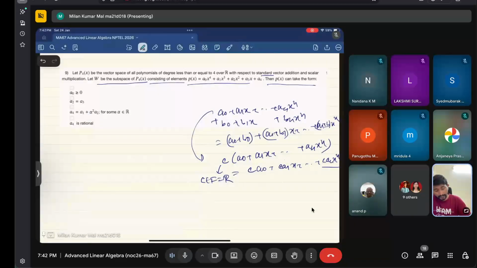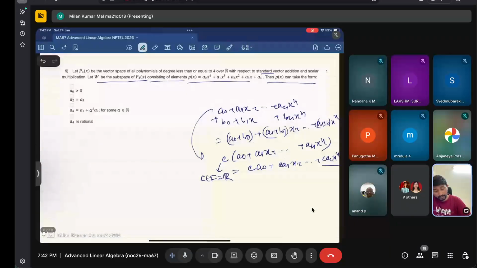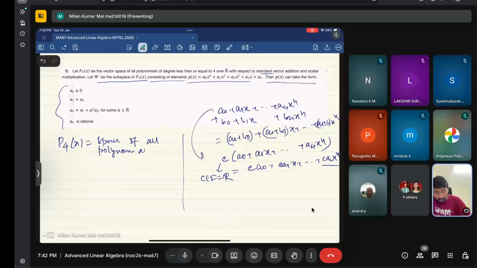So basically what the question says is that P4 is the space of all real-valued polynomials of degree less than or equal to 4.